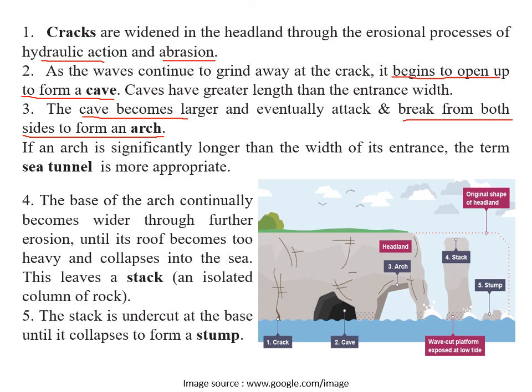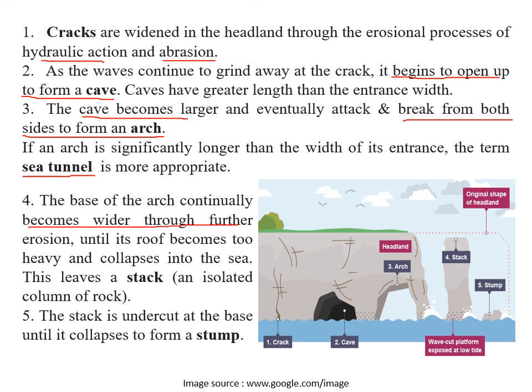And this is known as an arch. If the arch is significantly longer than the width of its entrance, it is also called a sea tunnel. So a sea tunnel is one kind of arch where the length of the arch is greater than its width, and the base of the arch continually becomes wider and wider through further erosion.